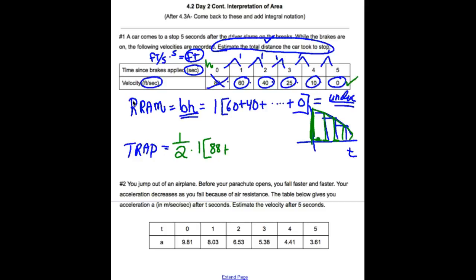I'd only use the 0 once, but all the others would get used twice. So I do 88 plus 2 times 60 plus 2 times 40 plus 2 times 25 plus dot, dot, dot, plus 2 times 10, and then only 1 0 in there, or equivalently nothing in there at the end. You would add that all up, and that will give you a trapezoidal approximation.